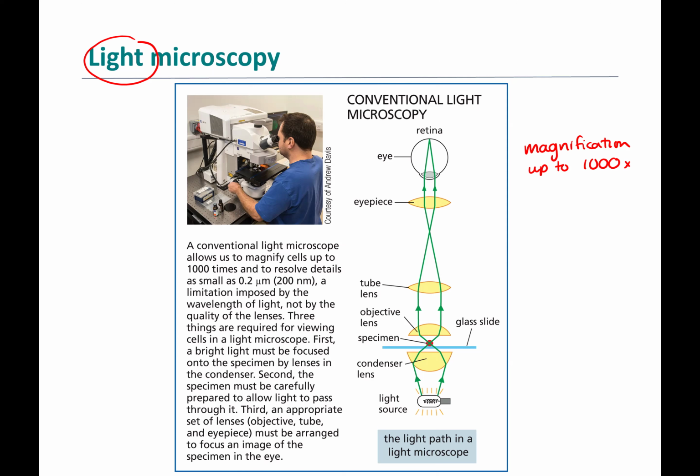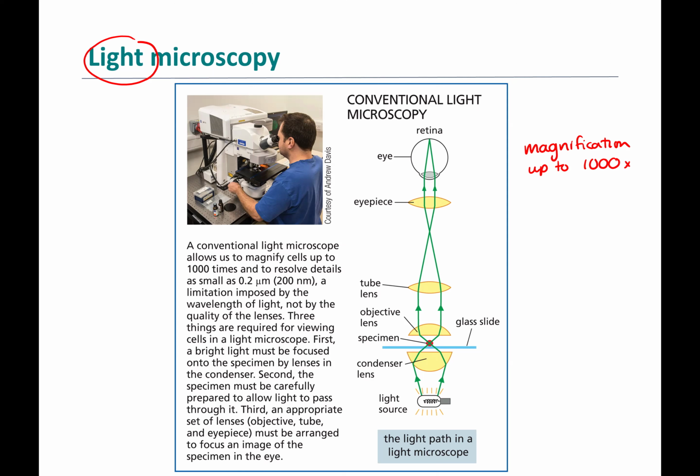is 200 nanometers. Resolution means can you distinguish two different things under the microscope? So if the space between them is greater than or equal to about 200 nanometers, you can see it.